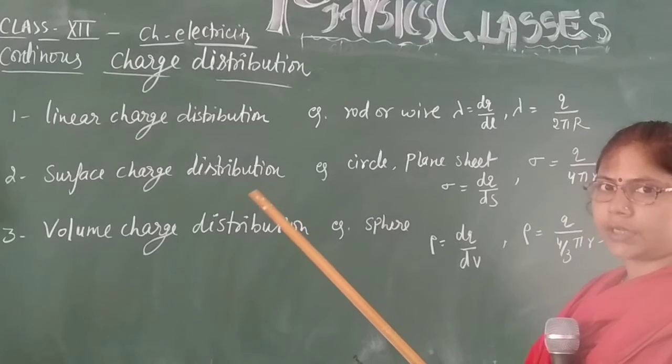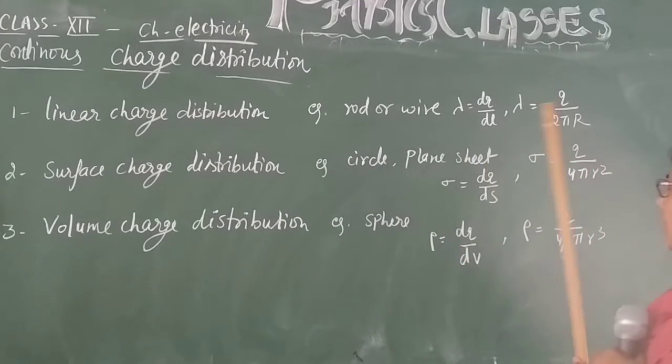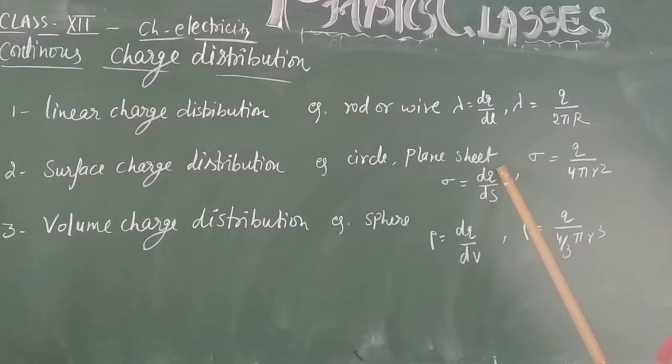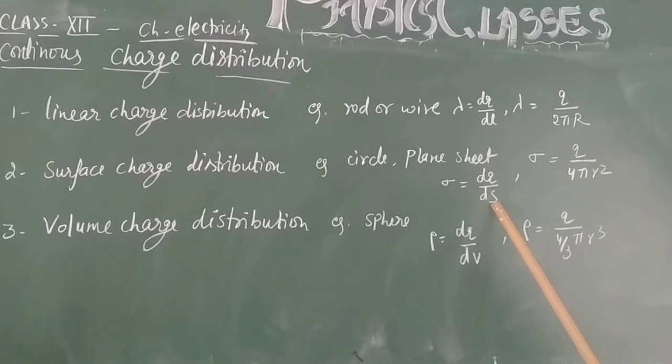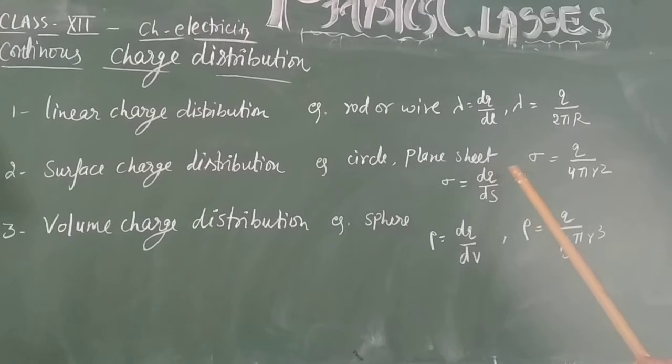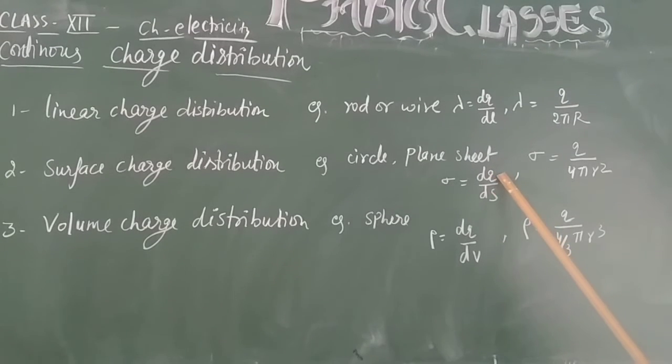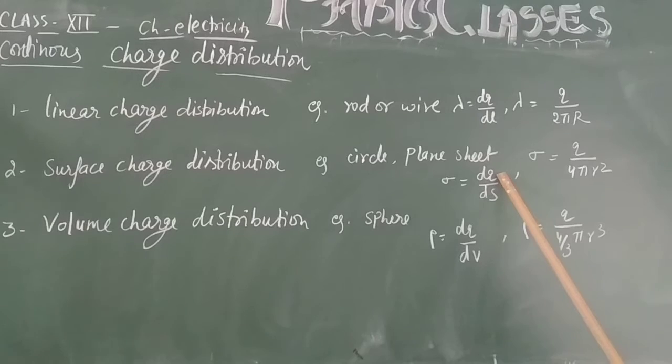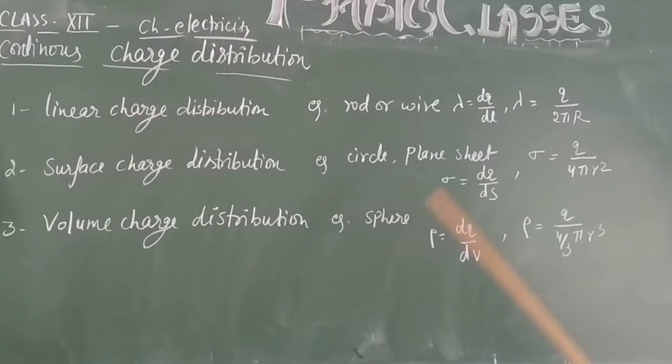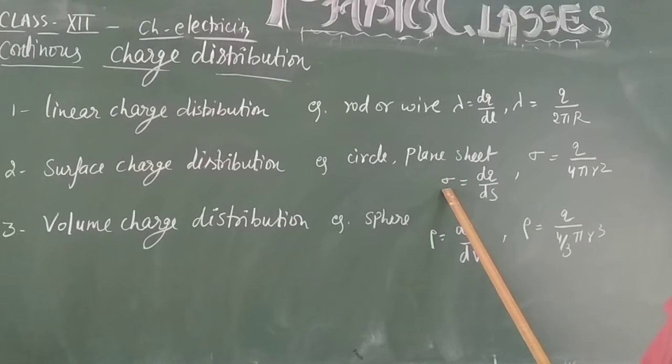Surface charge density is defined as the ratio of charge distributed to the surface area, or the total charge spread over a unit area of that conductor. It is represented by sigma.